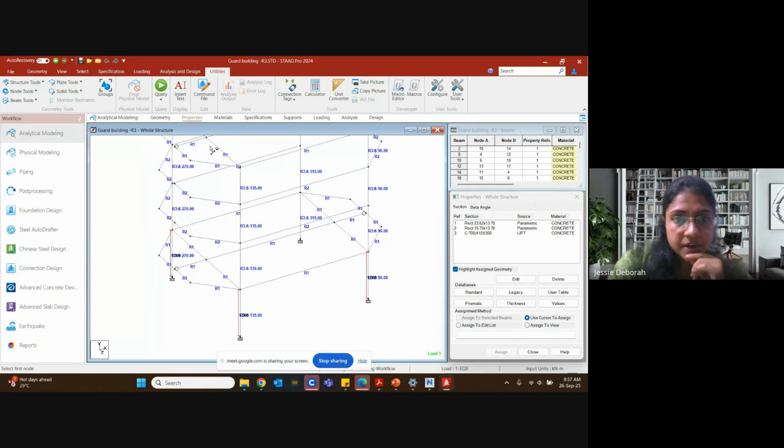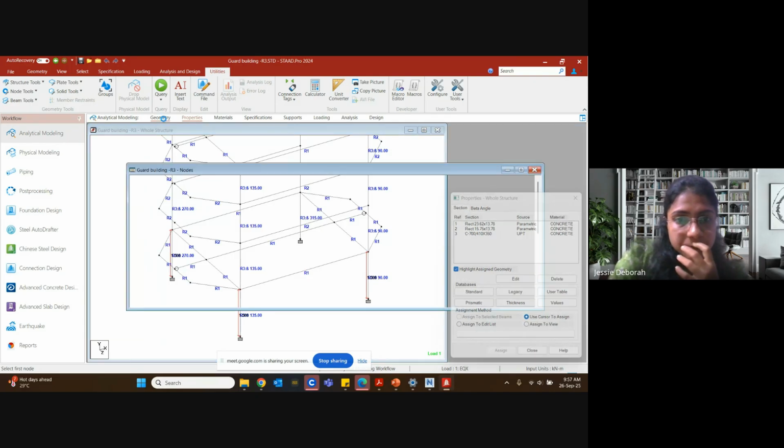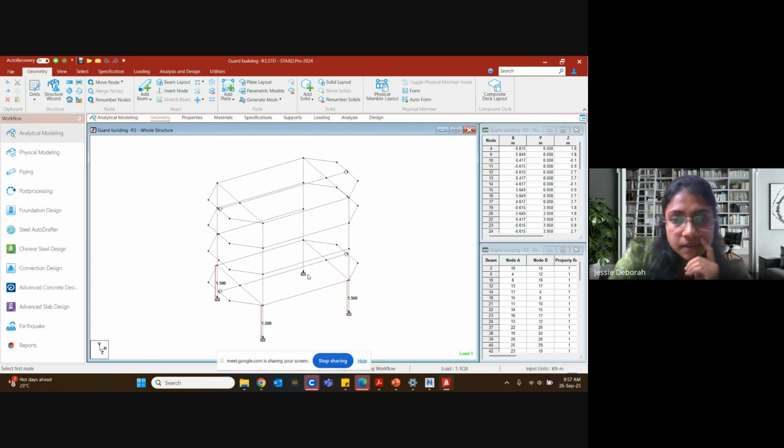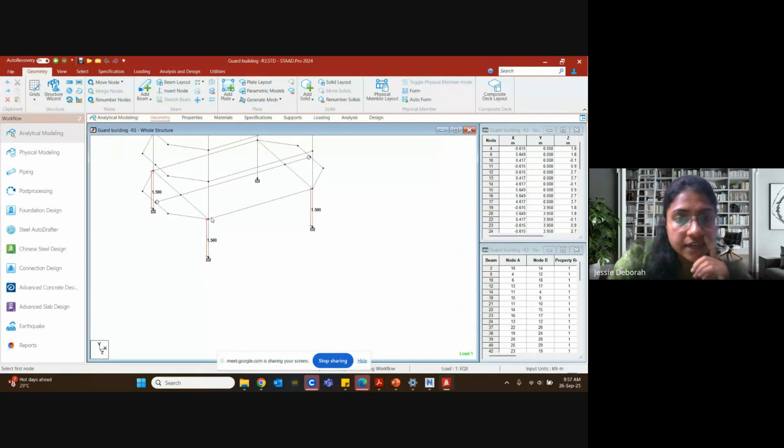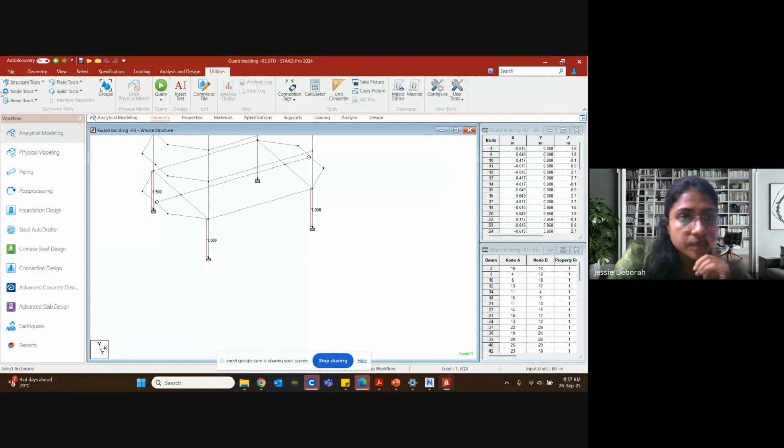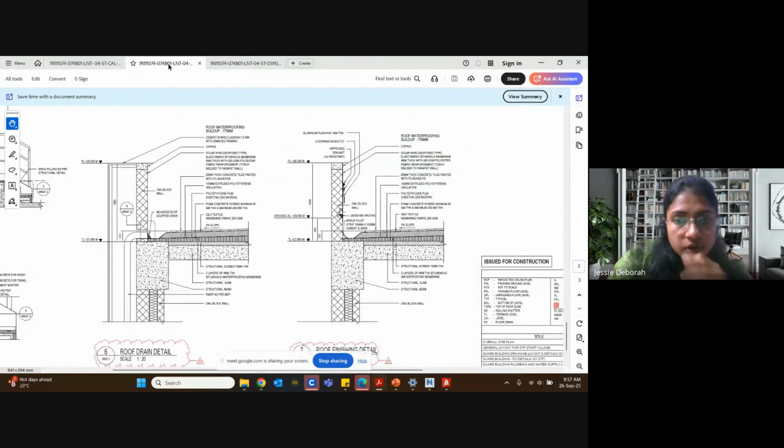Now apart from this, what are we doing? First we will make the basic line sketch. Now from the architectural drawing, I'll just compare it for your understanding.